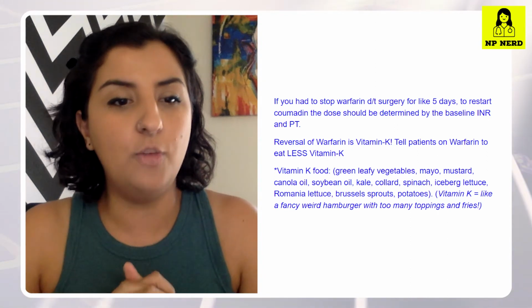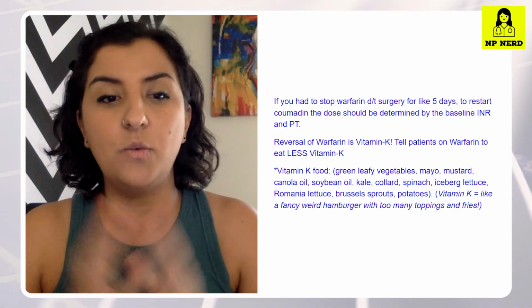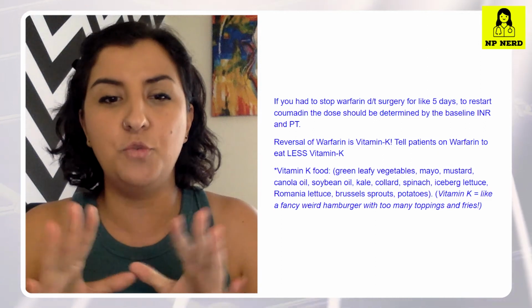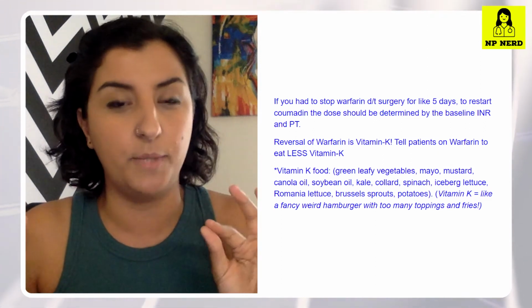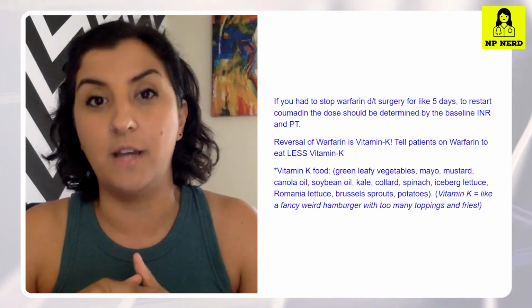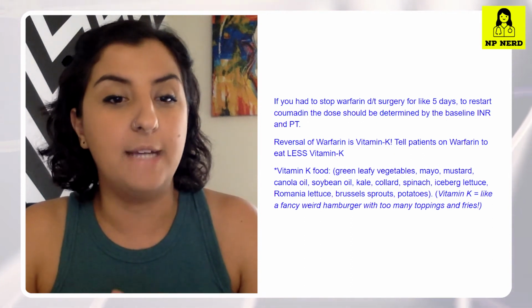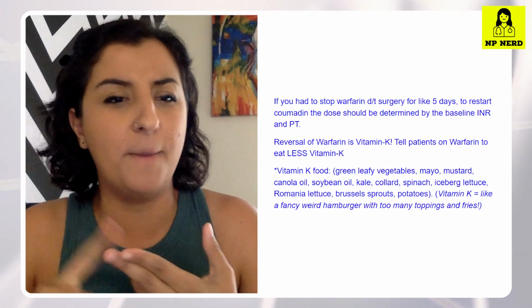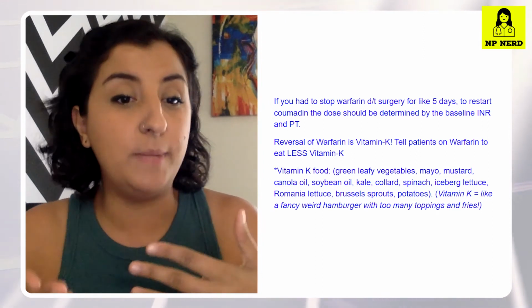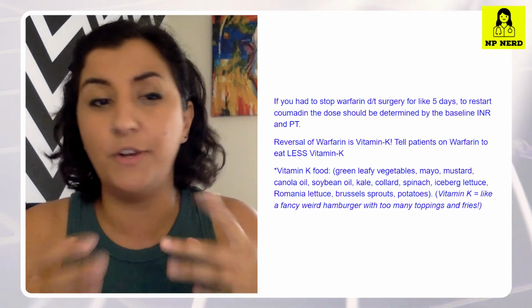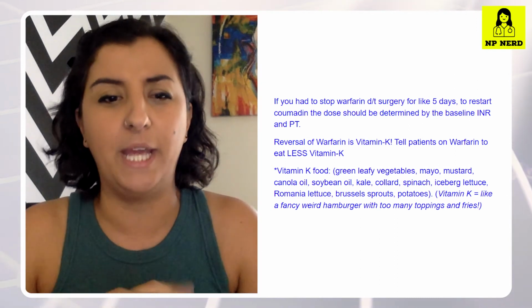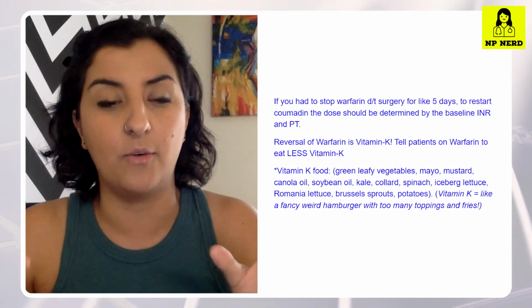It almost sounds like a fancy, weird hamburger with too many toppings, and there's fries on the side because potato has vitamin K. And a lot of mayo, mustard, it has soybean oil, it has canola oil, it's a very oily hamburger, okay? Now it has a bunch of greens, everything green.